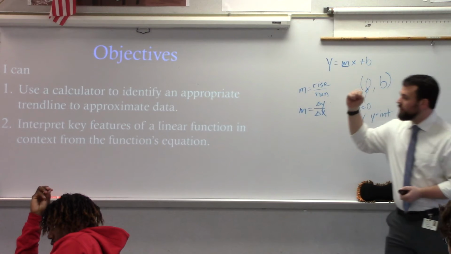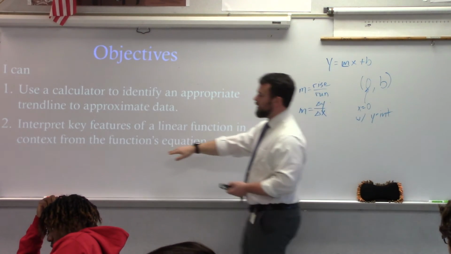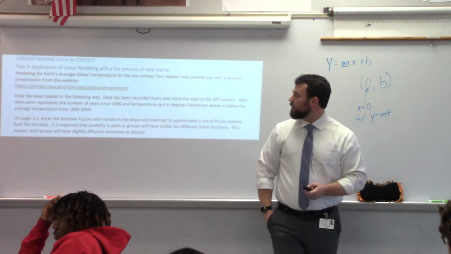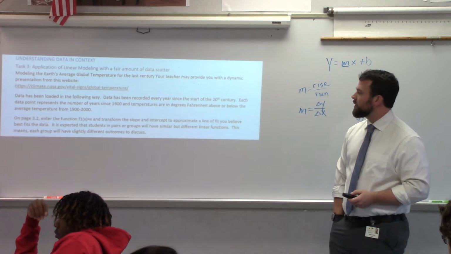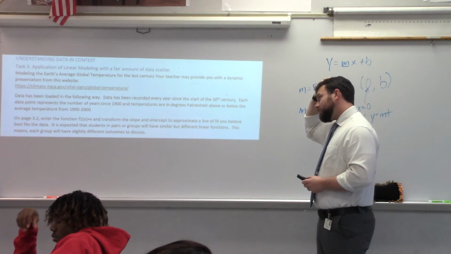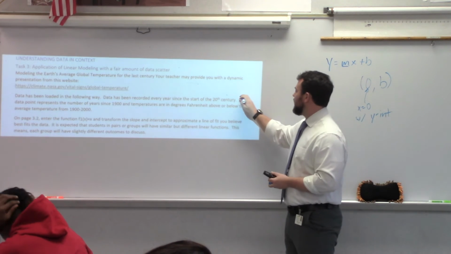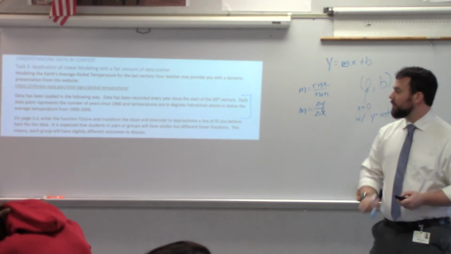So if we're going to interpret the key features, we've got to pay attention to the context. We looked at this yesterday to establish a couple of details. I want you to pay attention to up here. You've got to pay attention to the writing in some sections to be able to get those variables.